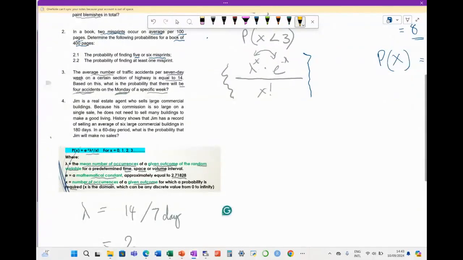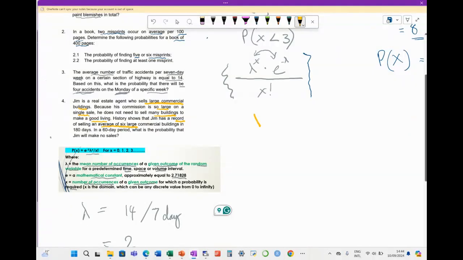Jim is a real estate agent who sells large commercial buildings. Because his commission is so large on a single sale, he does not need to sell many buildings to make a good living. History shows that Jim has a record of selling an average of 6 large commercial buildings in 180 days.